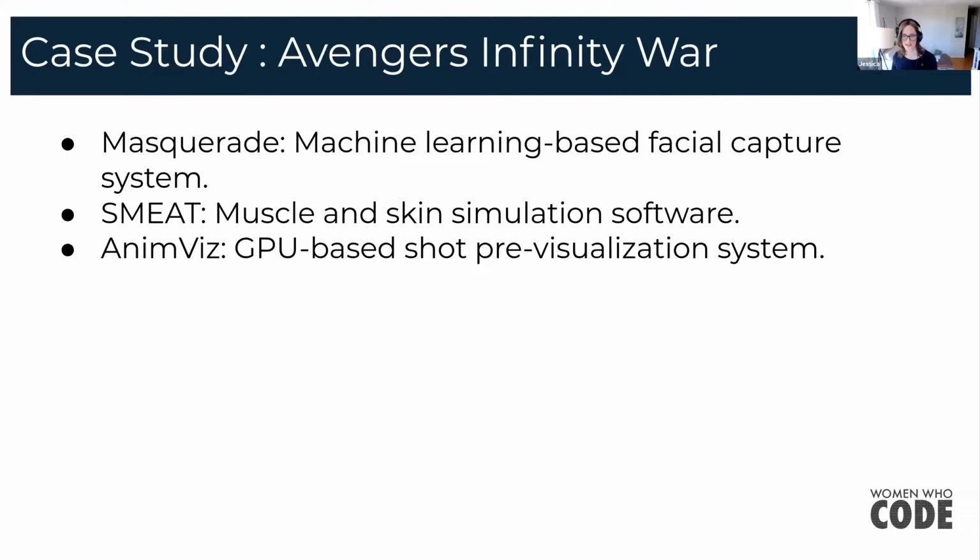Something to note, we also added another system on top of that to do a lot of hair on Thanos. If you look very closely, if you freeze frame, you can see Thanos' face has a lot of very tiny little hair. That gives an extra layer of realism.